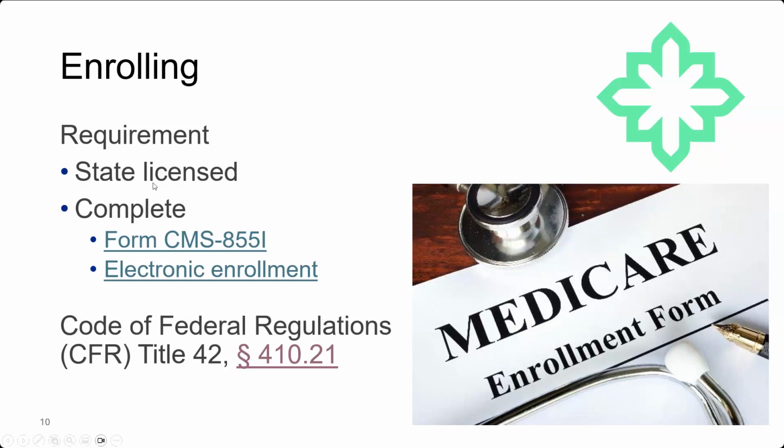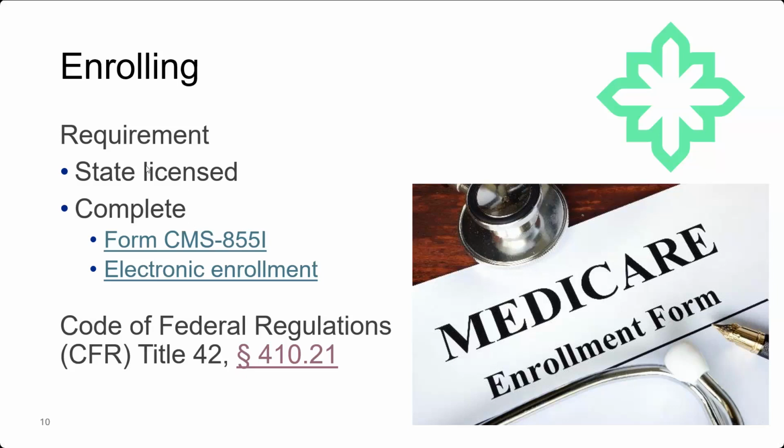Make sure that you have your state license current. It makes sure that all of your billing information is current, including if you use a biller or a coder or a clearinghouse, all that information is gathered within the Provider Enrollment, Chain and Ownership System, or PECOS. That is actually the number one reason that you lose your billing privileges from Medicare. So I thought I would just address that.